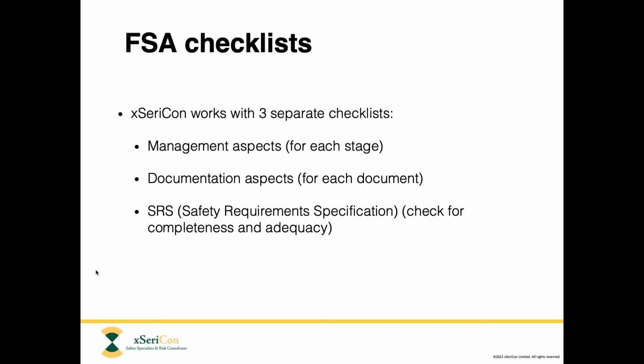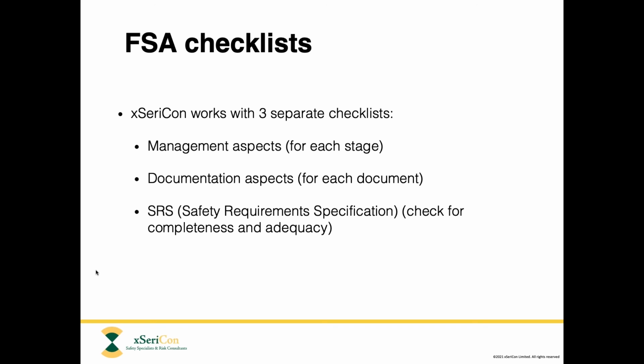Stage 2 is looking at the SRS, the safety requirement specification, and so on. So each stage has got specific requirements or expected outcomes from that stage and that stage only. So that will be our first checklist, is to look at the specific expectations for each stage.